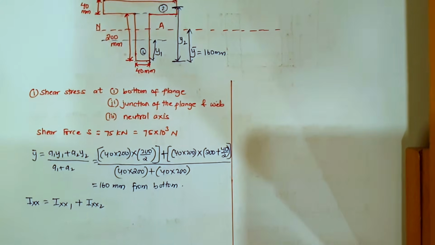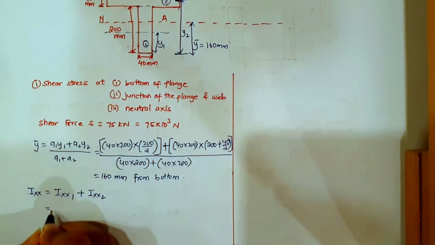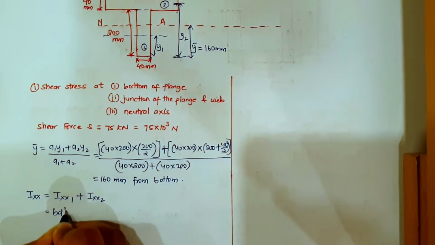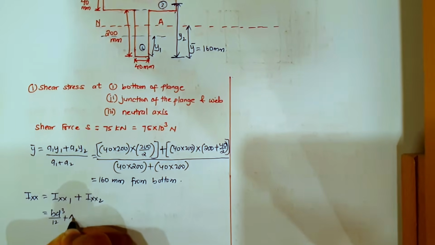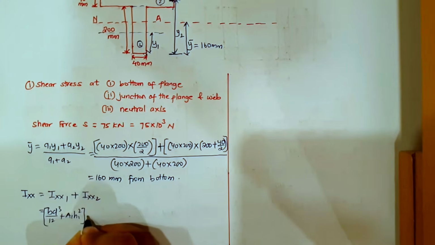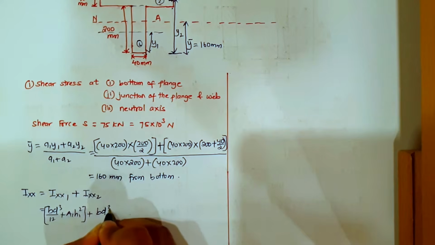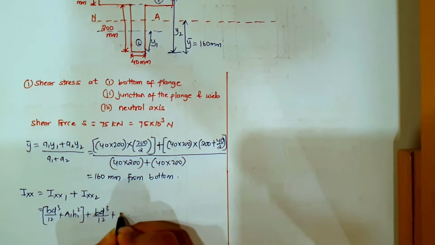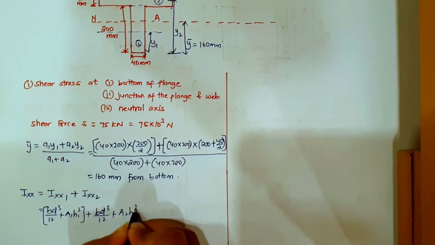Now how much will Ixx1 be? Ixx1 will be BD cubed by 12 plus A1 H1 square. This is for Ixx1. For Ixx2, BD cubed by 12 plus A2 H2 square.